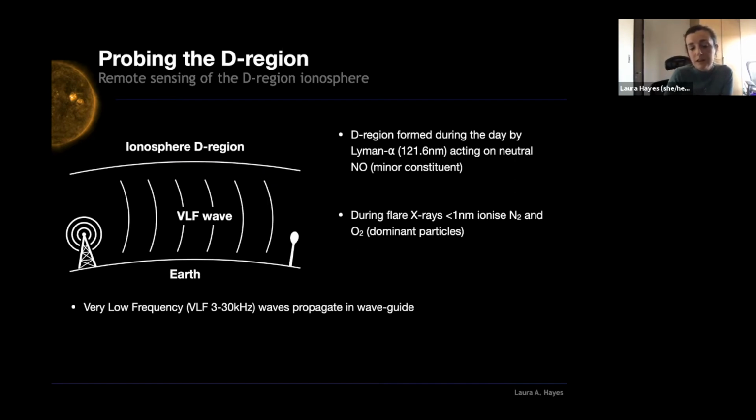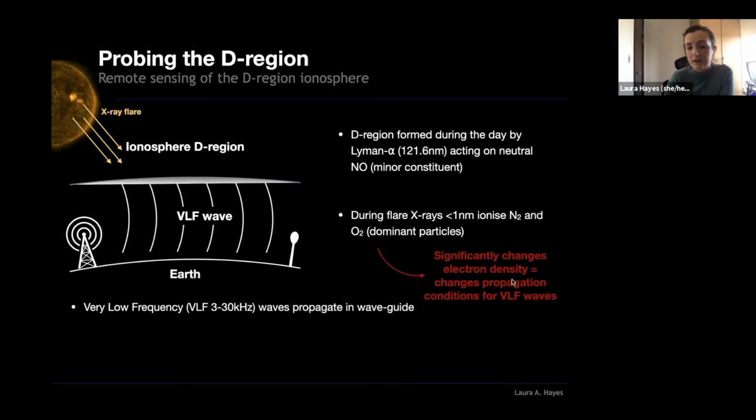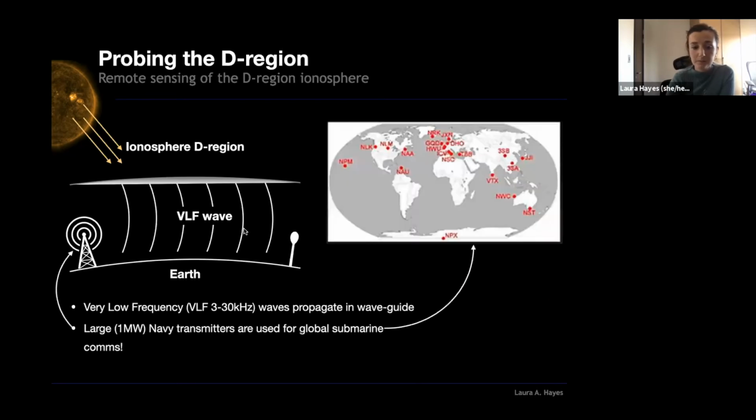So during the day, this propagation is quite stable, both in amplitude and phase. But when a solar flare occurs, we're going to have a significant increase in this electron density profile, and significant changes of this upper waveguide boundary. In this way, these changes are reflected in the amplitude and phase measurements of any VLF radio wave that's propagating from a transmitter to a receiver.